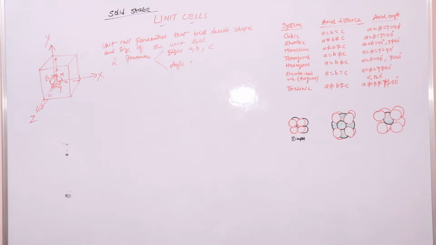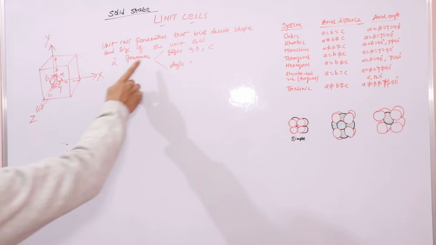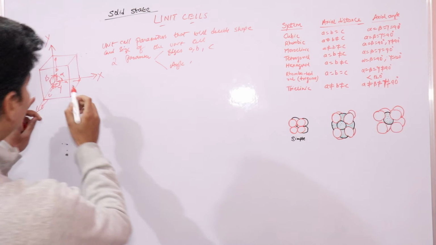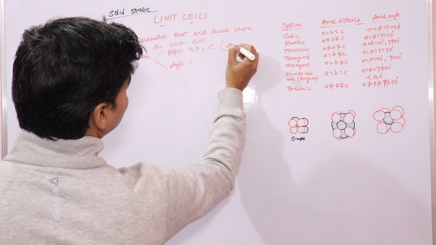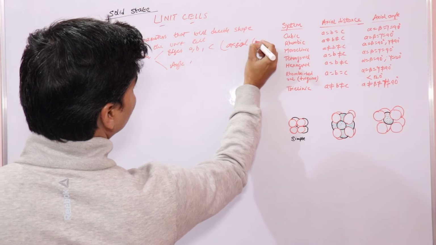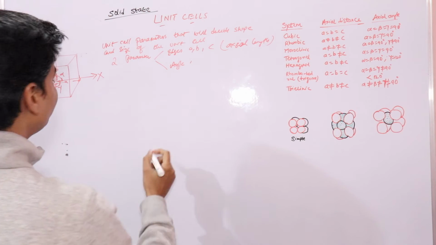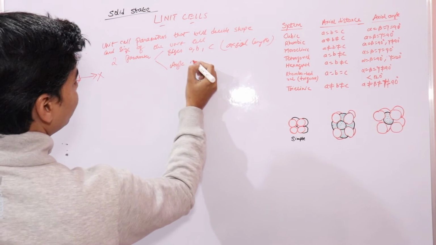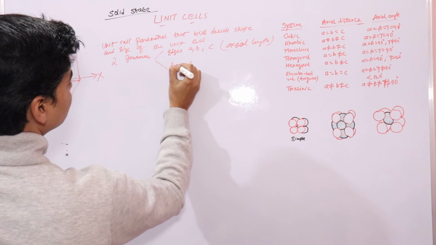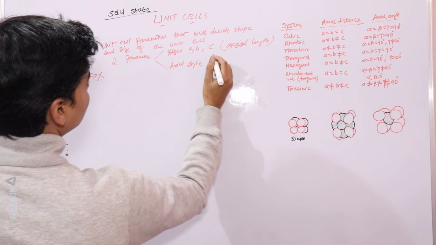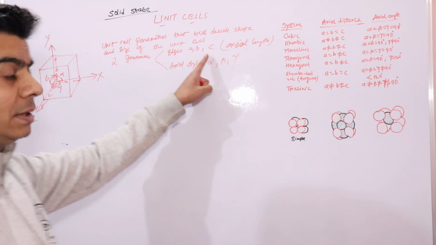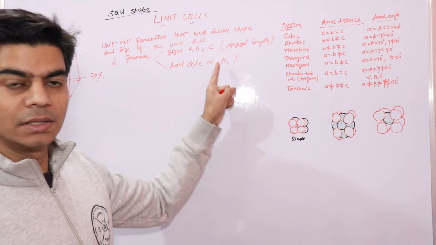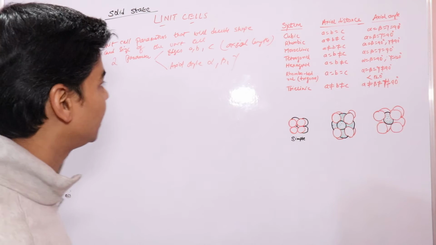We generally call these the axial lengths, since the lengths a, b and c are along the three axes, x, y and z. And these angles, alpha, beta and gamma, are the axial angles. So axial lengths and axial angles will decide the shape and size of the unit cell.